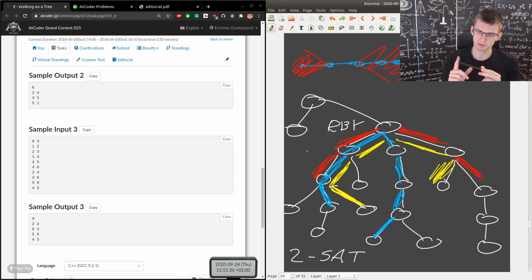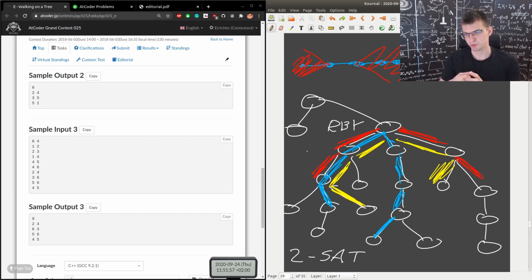That at least one of them is good. But then it becomes 3sat, right? I say red is this, or blue is this, or yellow is this. We cannot do 3sat in polynomial time or k-sat.